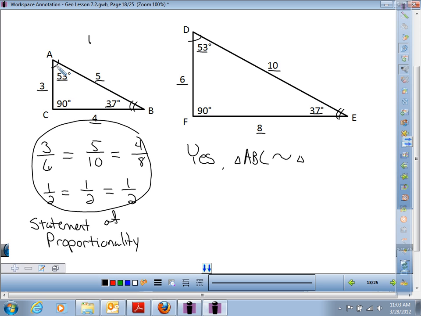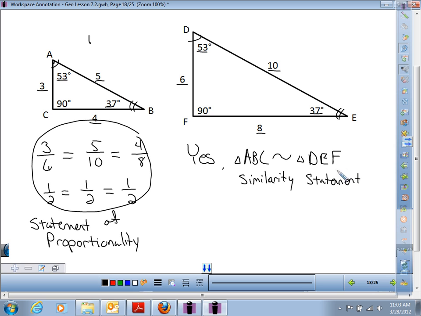Now remember, the angle corresponding to A would be D, so we have to start at D. B was second. Its corresponding angle was E, D, E, F. That's our similarity statement. So if they ask you to write a similarity statement, that's what I want. Saying, hey, this shape is similar to this shape.